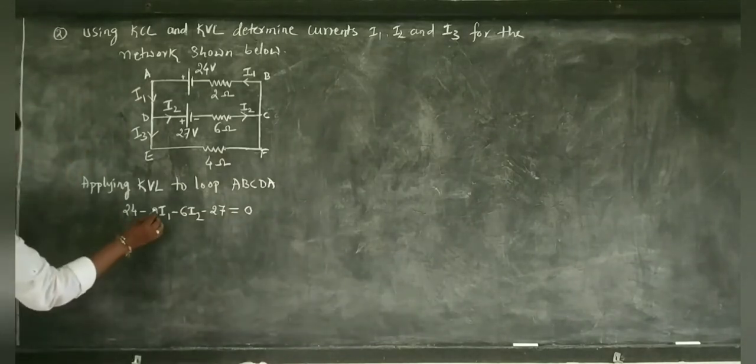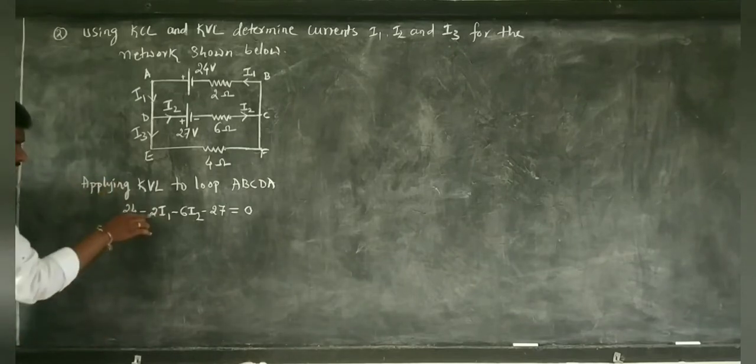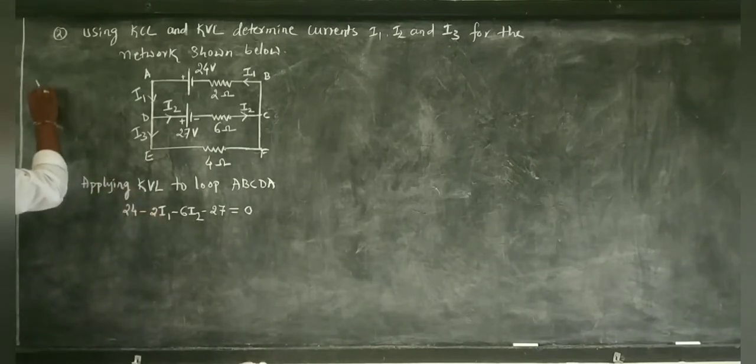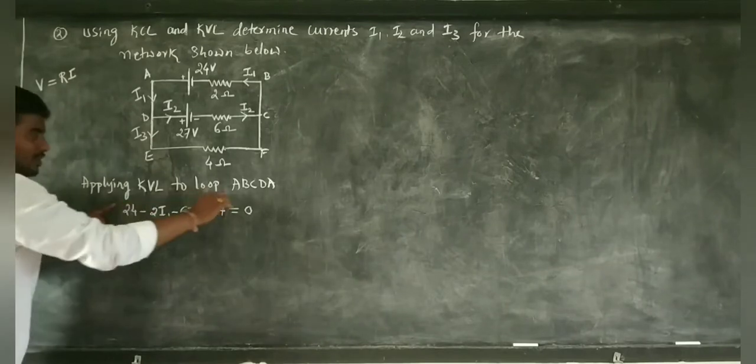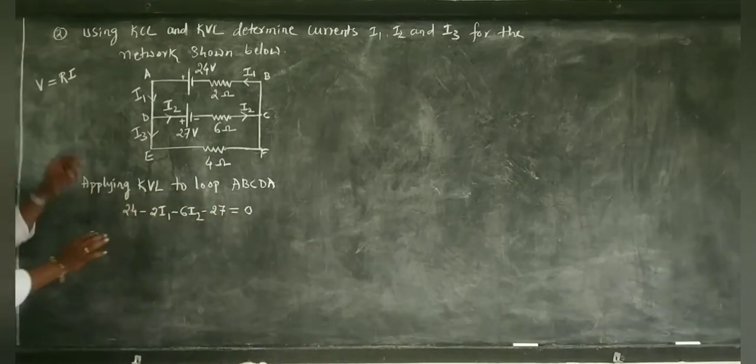See here, this 2 is the value of resistor and this I1 is current. Resistor multiplied by current gives you what? It is voltage. V is equal to R into I. R is a resistor, I is a current. This whole equation includes EMF as well as potential difference. Understood?